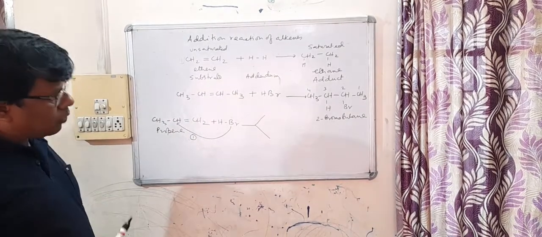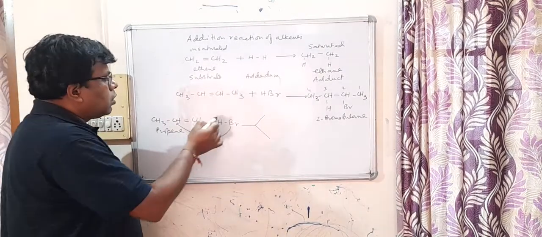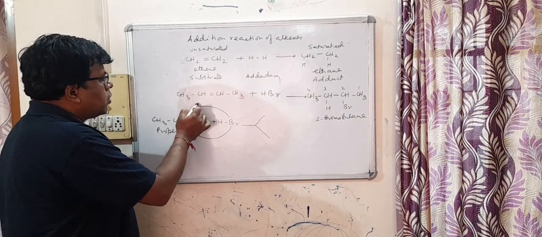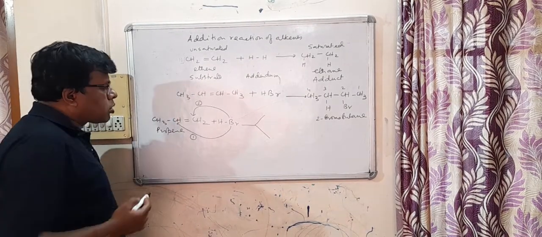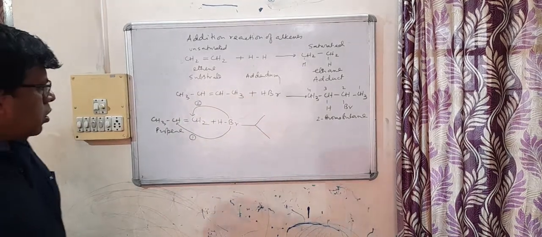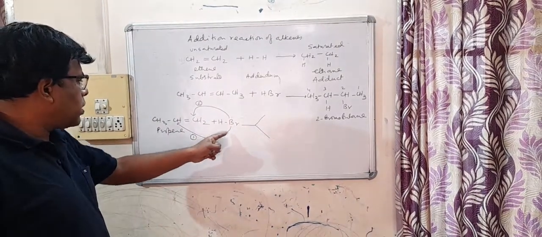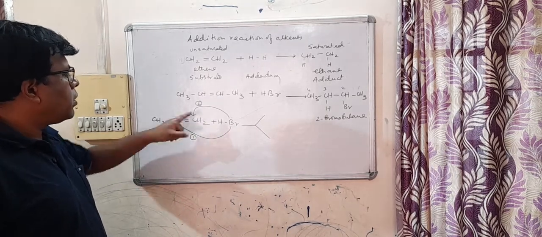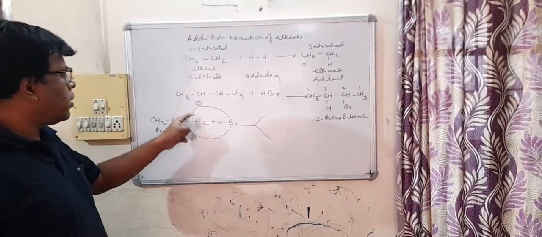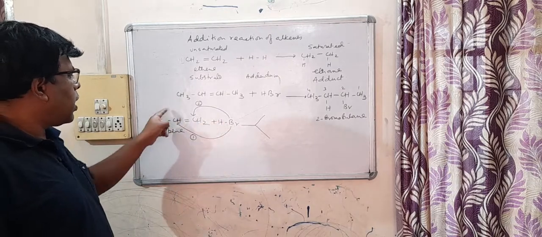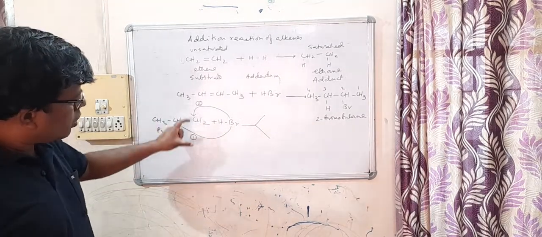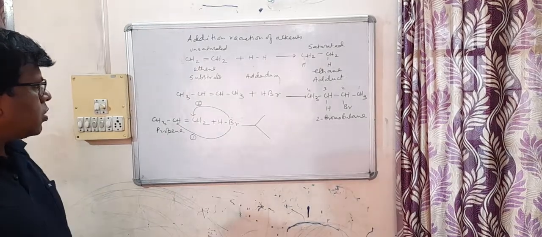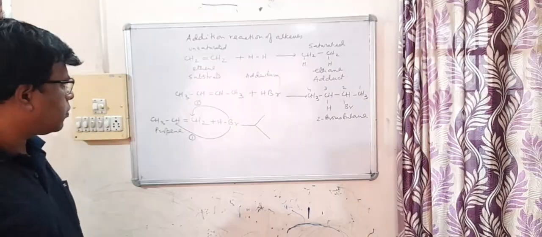And say in another possibility, Br is getting added here. That is possibility number two. So of course when Br gets added here, H will get added here. And in the other case, if Br gets added here, H will get added here. So we can expect two products. I am writing both the products.